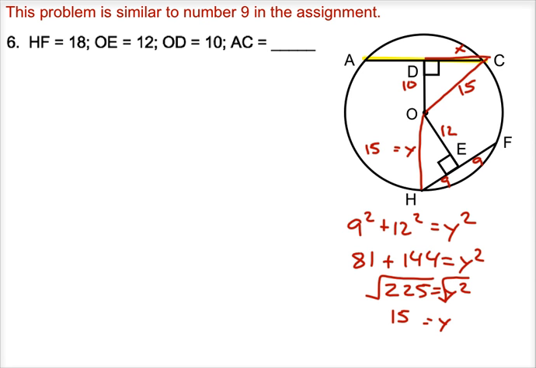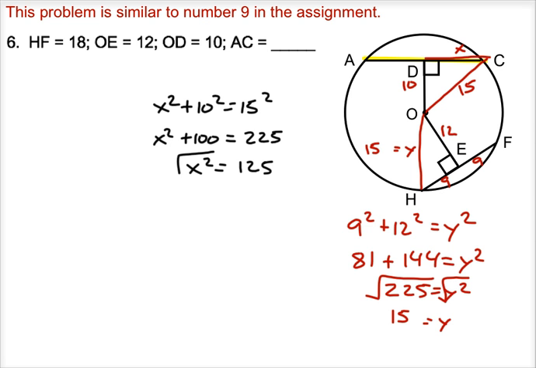And now I'm going to do Pythagorean theorem for the triangle up on the top. So now I'm going to do x squared plus 10 squared equals 15 squared. X squared is x squared, 10 squared is 100, 15 squared is 225. Subtract off 100.